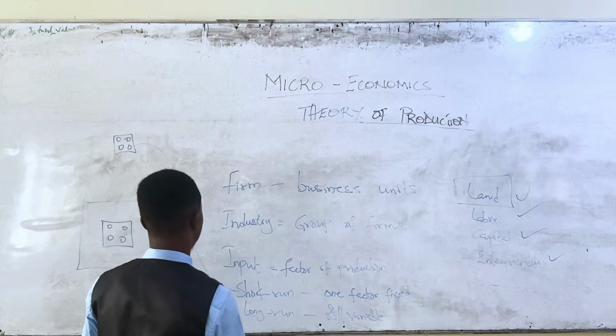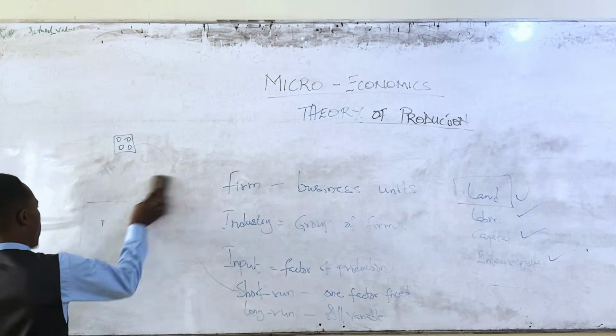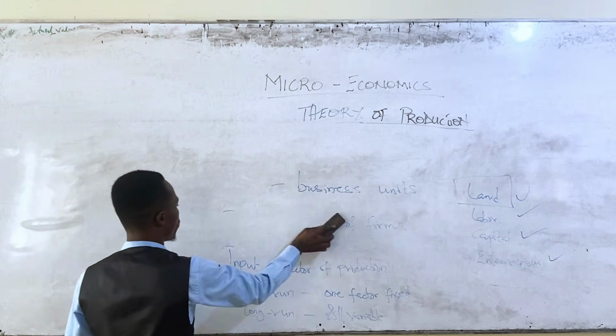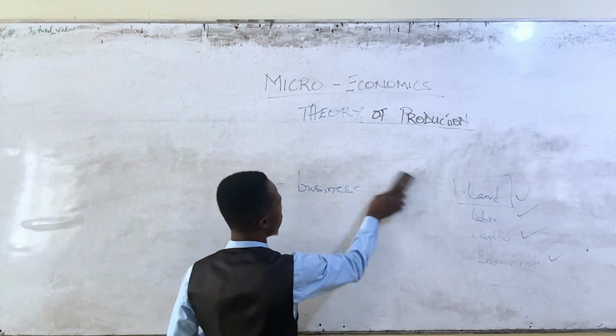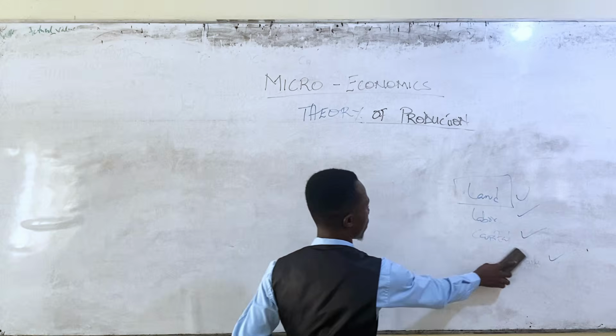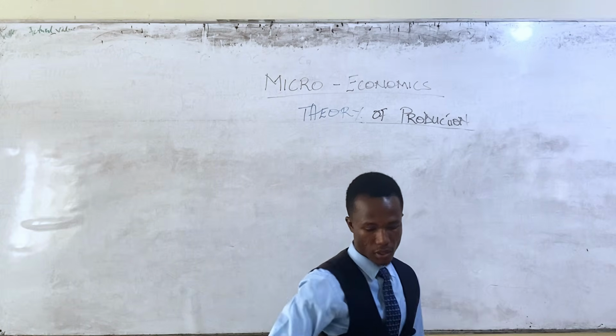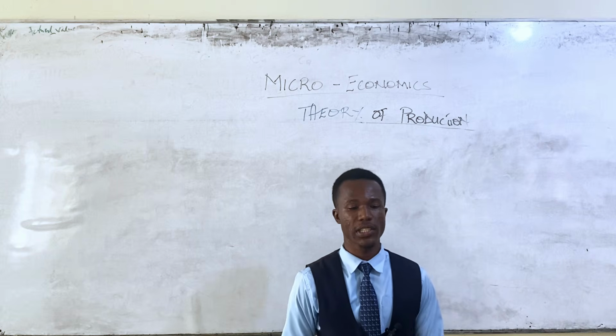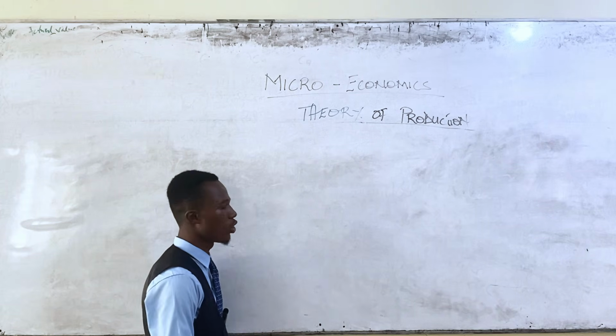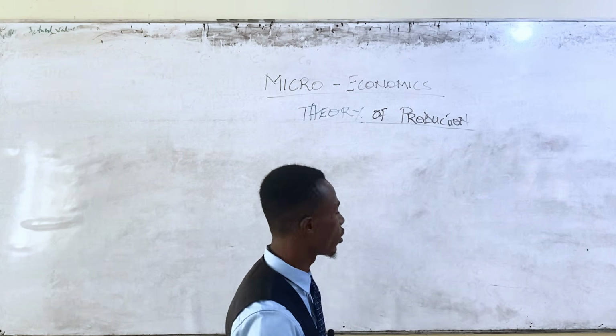So we are starting with the body of the topic. Let's look at another term called the law of diminishing returns. The law of diminishing returns is also known as the law of diminishing marginal productivity. Okay, and what does this law say?